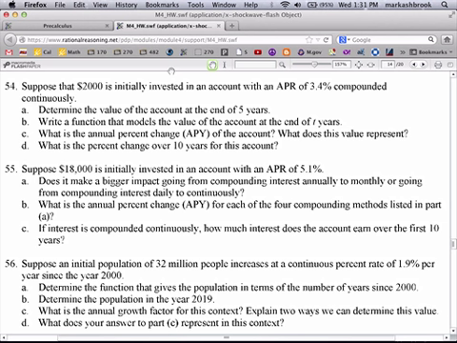it says a $2,000 is an investment account with APR of 3.4% compounded continuously. So that means every year our money's going to go up 3.4%, right? No. What it means is that we have to combine that 3.4% with every compounding every moment.